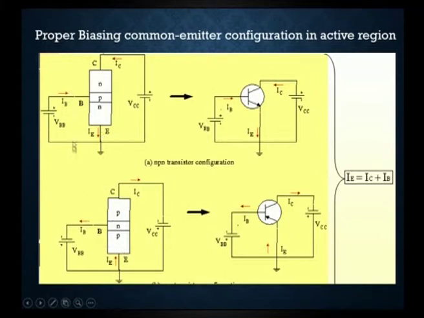Similarly, it is opposite for the base current and the collector current. This can also be represented with the symbol like this, where the emitter current points inwards, the collector current moves in this direction and the base current in this direction. Here also, by applying Kirchhoff's law, the emitter current is the sum of the collector current and the base current.